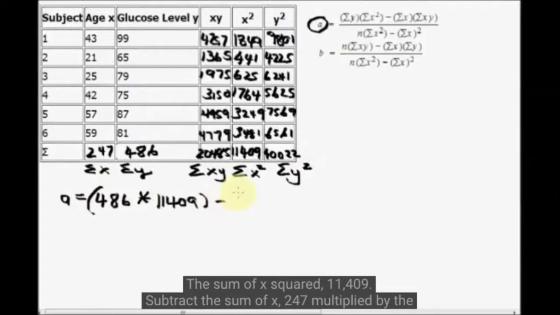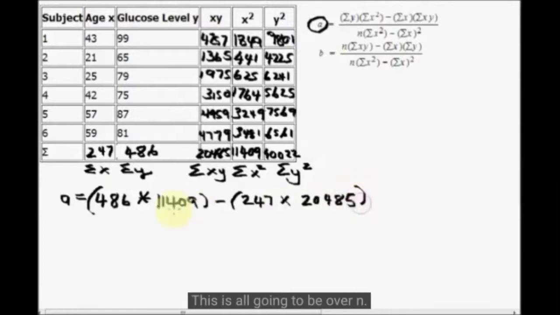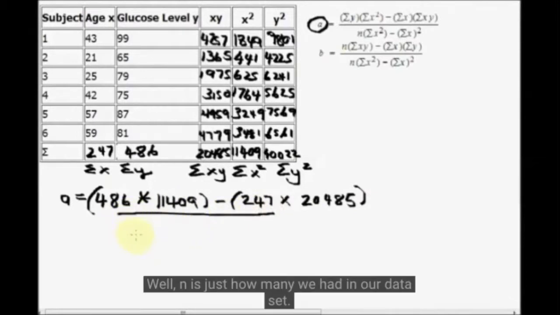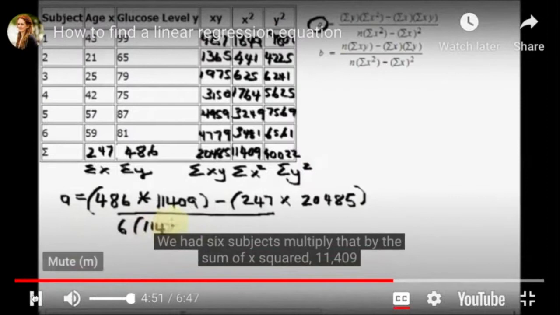Subtract the sum of X, 247, multiplied by the sum of XY, 20,485. This is all going to be over N, well, N is just how many we had in our data set. We had 6 subjects. Multiply that by the sum of X squared, 11,409.